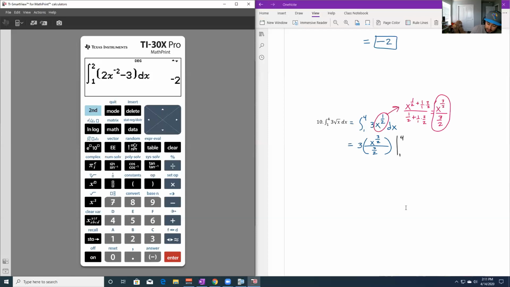Okay, definitely clean this up. Since I have a fraction in the denominator there, remember this one will flip, which means I get 3 times 2x to the 3/2 over 3 from 1 to 4.